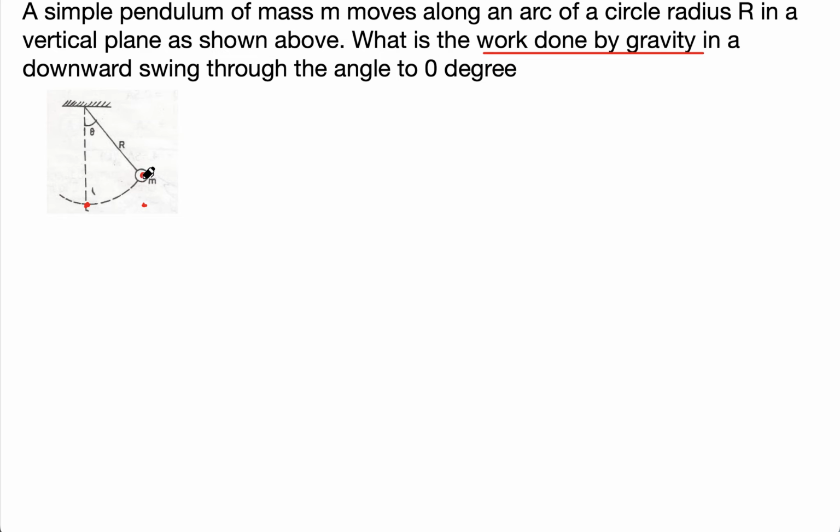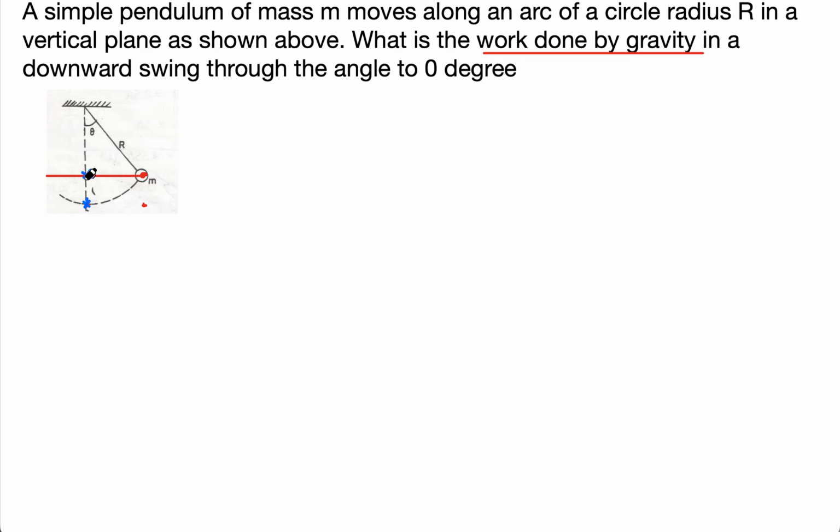So if I draw a line like this, linking this point, showing the same level, this line shows all the points that are on the same level with where this mass originally was. All the gravity needs to do is work against the distance from this point to this point.